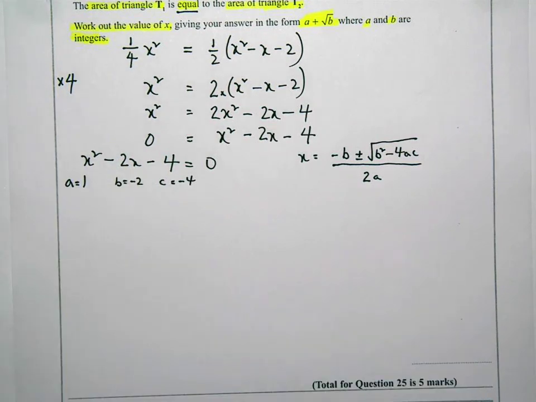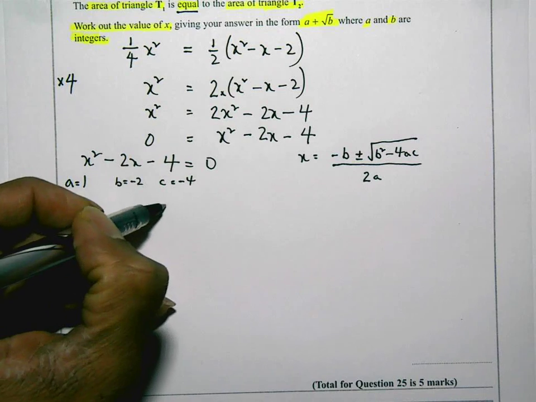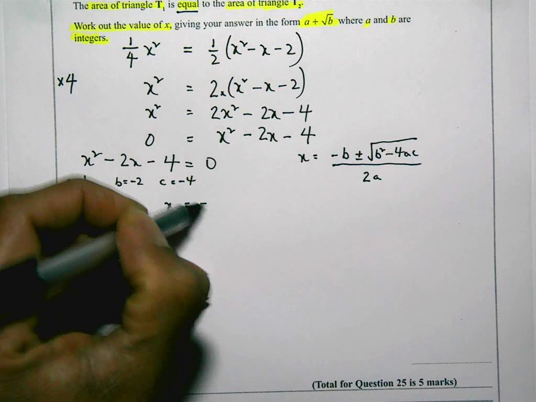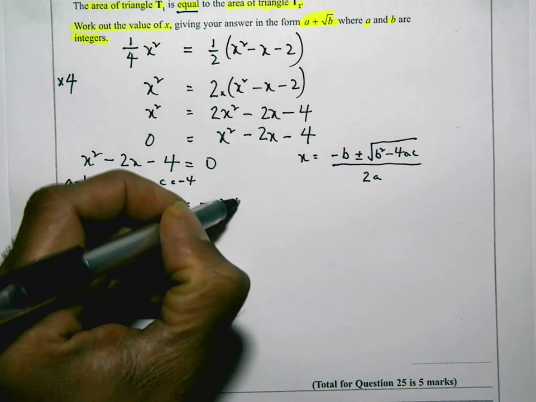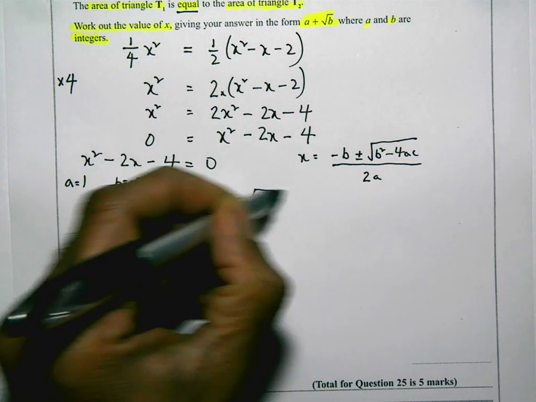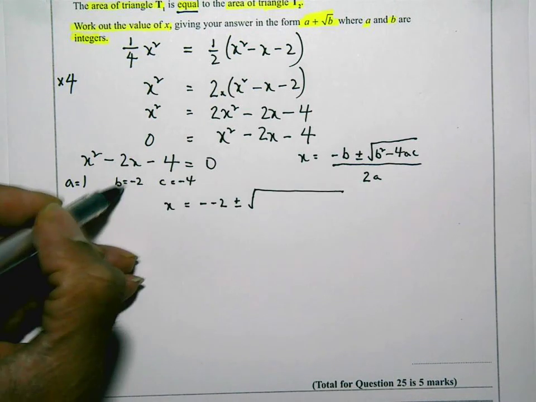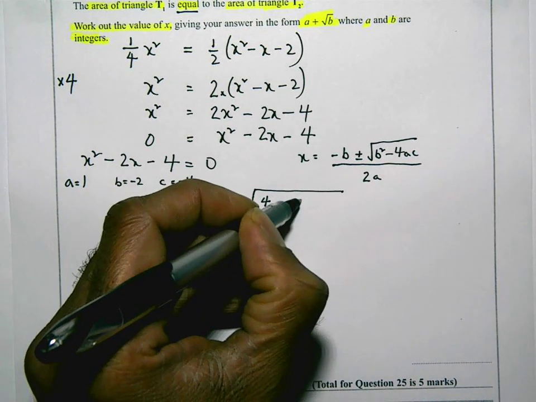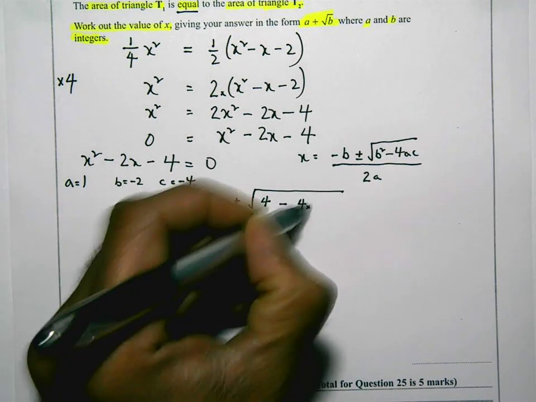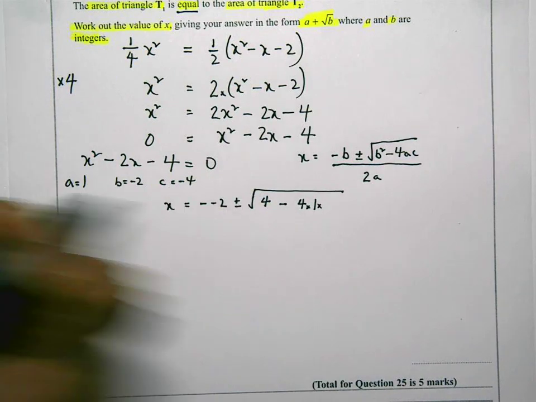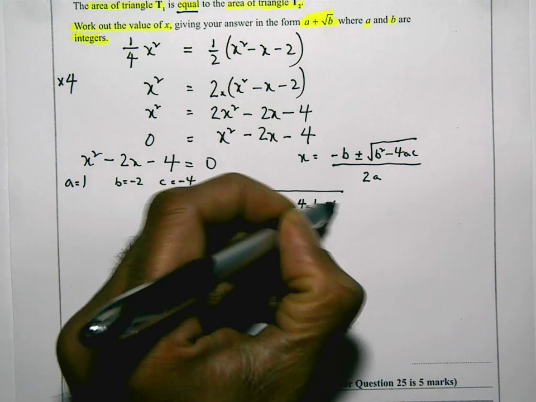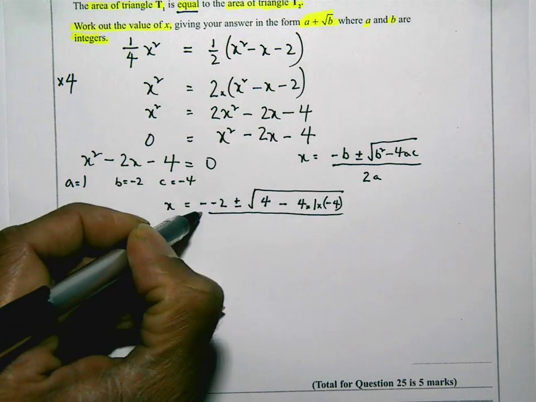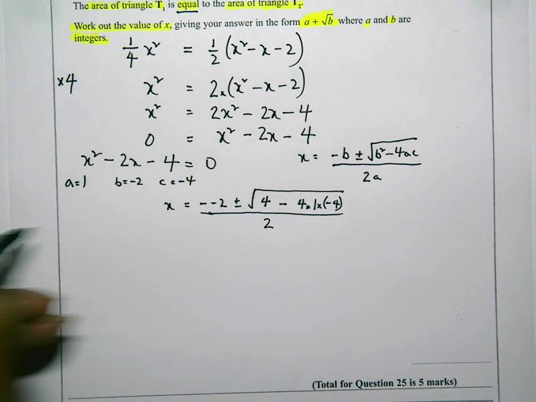I'm going to stick those into the quadratic formula. And what I get from that is that x is going to be equal to minus 2 plus or minus the square root of b squared, and minus 2 squared is going to be 4, minus 4 times a, which is 1, times c, which is minus 4, and all of that divided by 2a, 2 times 1.